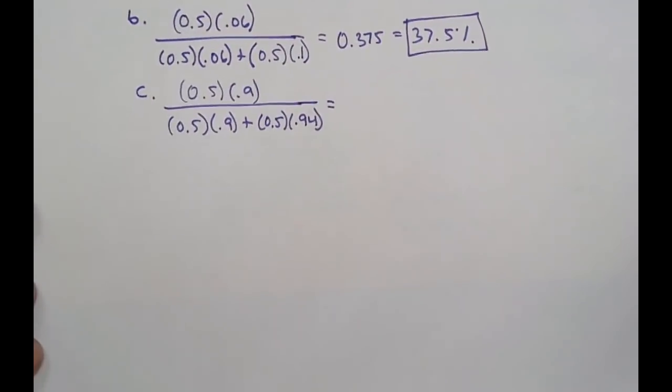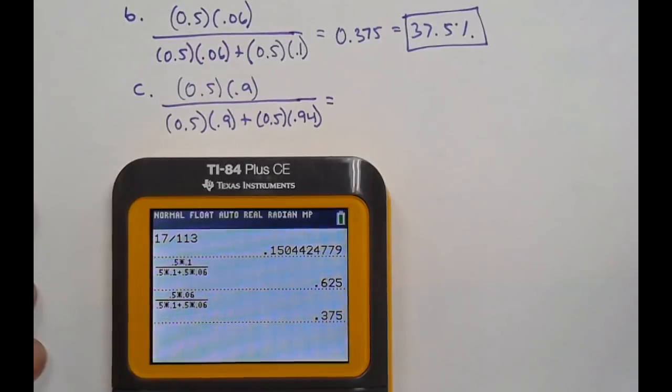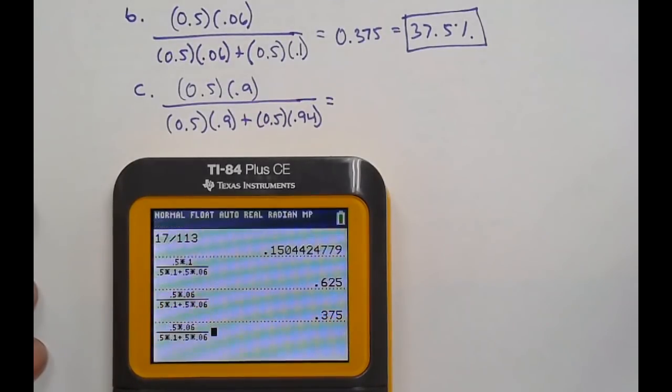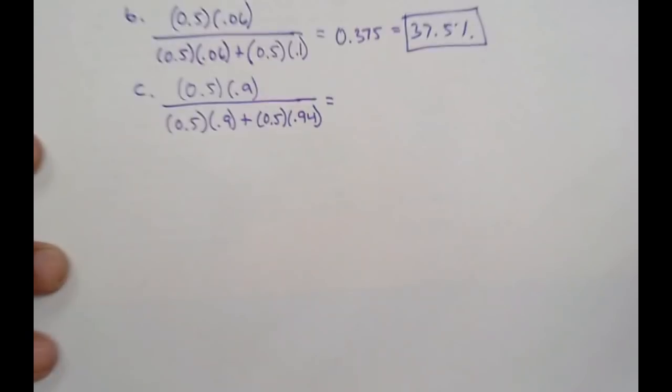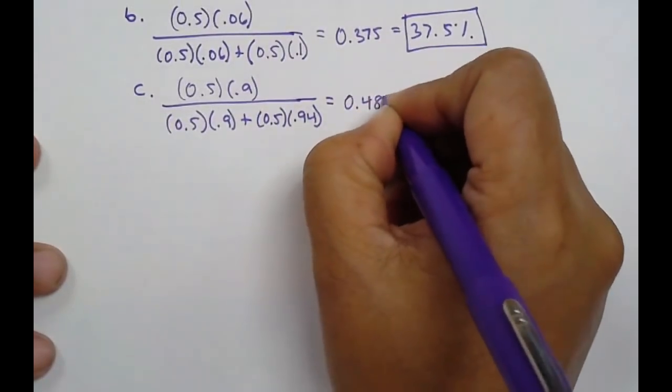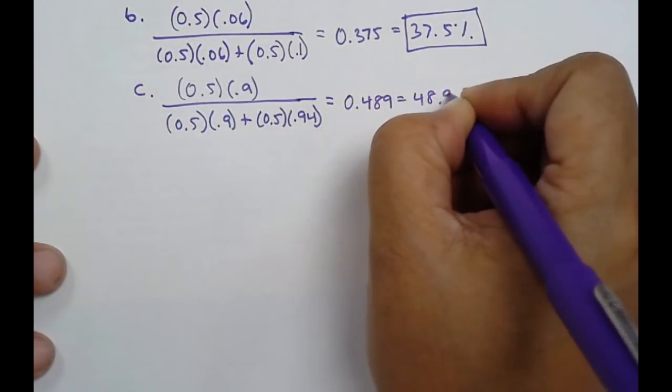Okay, so let's put that in the calculator. So we have 0.5 times 0.9, and then on the bottom 0.5 times 0.9 and 0.5 times 0.94. So I get a total of 0.489, which is 48.9%.